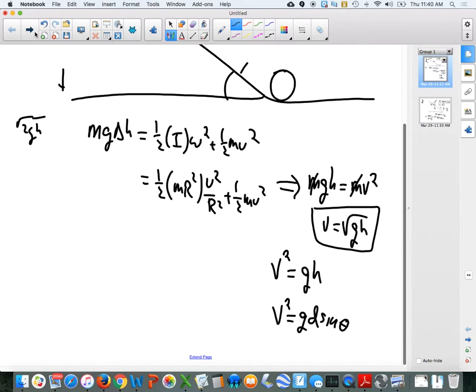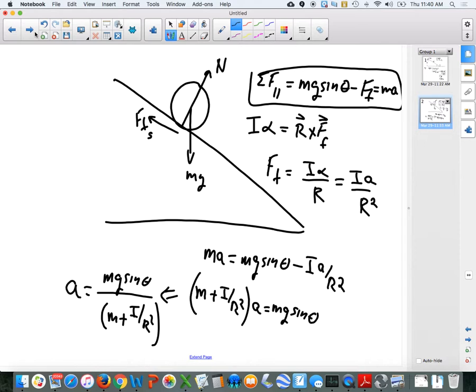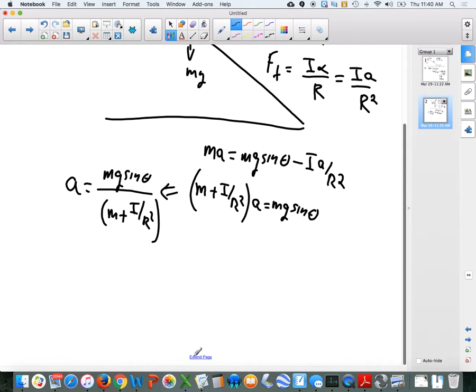Going back to where I was, let's assume it's a hoop. The I of a hoop is mr squared.